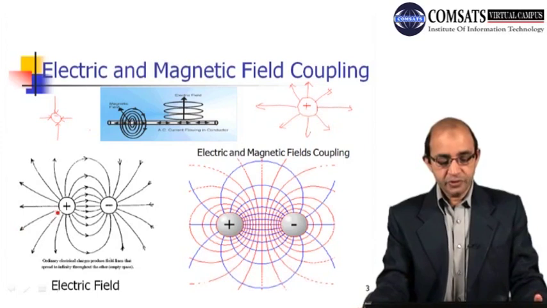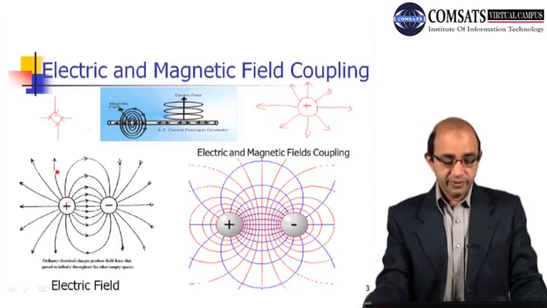So here we have the situation when we have a positive and negative charge, placed like this, plus charge and negative charge. You can see that the electric lines of force are originating from the positive and terminating at the negative, right? And you can also note that they are not crossing each other.